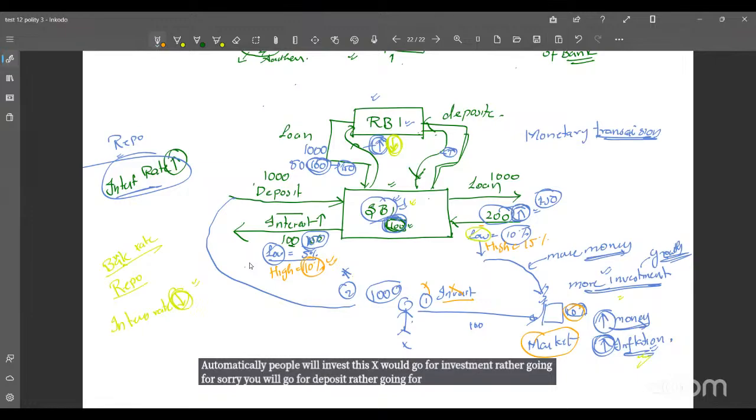So less money in the market. In this case, low money supply in the market, inflation will reduce.